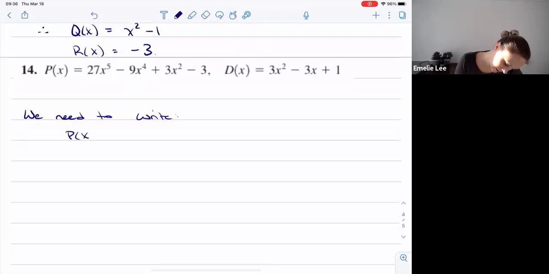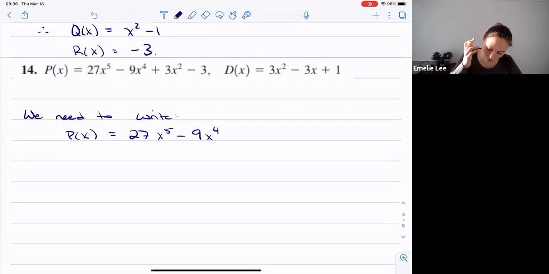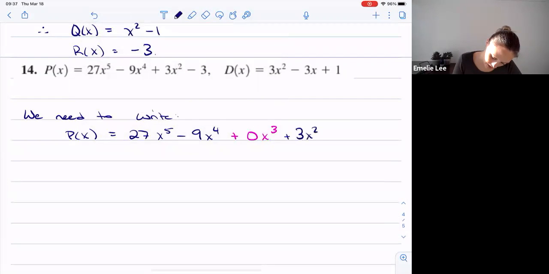p of x equals 27x to the 5 minus 9x to the 4, and then I'll use a different color here, plus 0x to the 3 plus 3x squared, right?